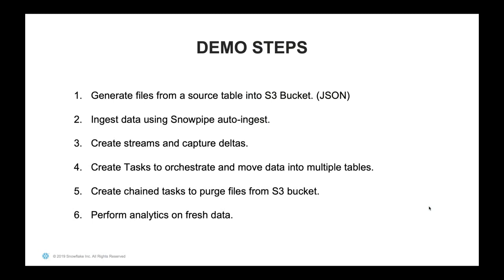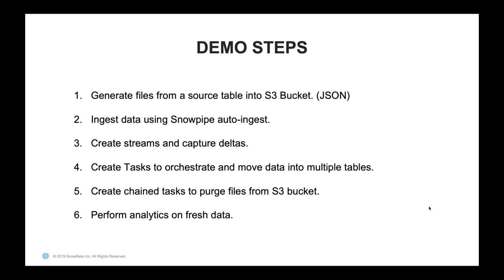Then I'm going to set up my Snowpipe auto ingest job, which is going to have that event-based notification that I spoke about earlier on. So as soon as the files start to land into the S3 bucket, it is going to start to load them into a destination table. I will set up streams to capture the deltas, and then I will set up a number of tasks to work as an orchestration within Snowflake and start to move that data upstream to multiple tables.